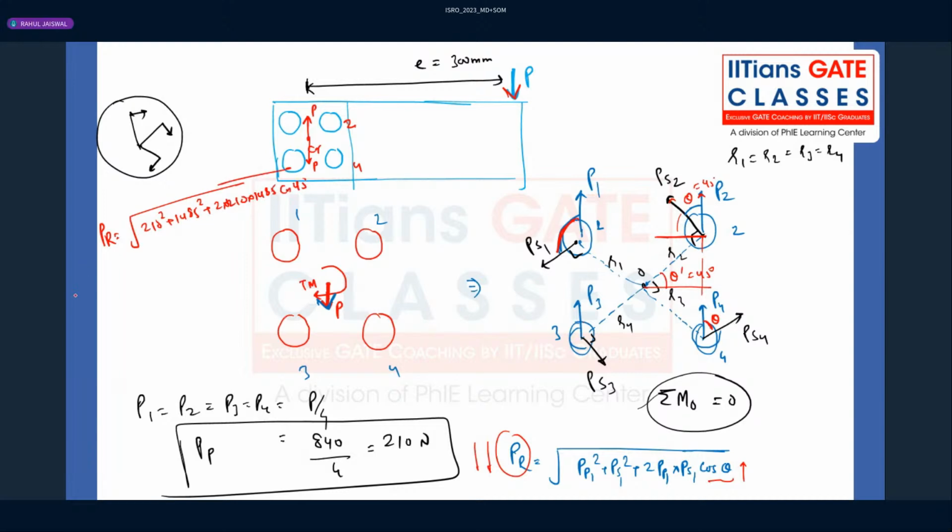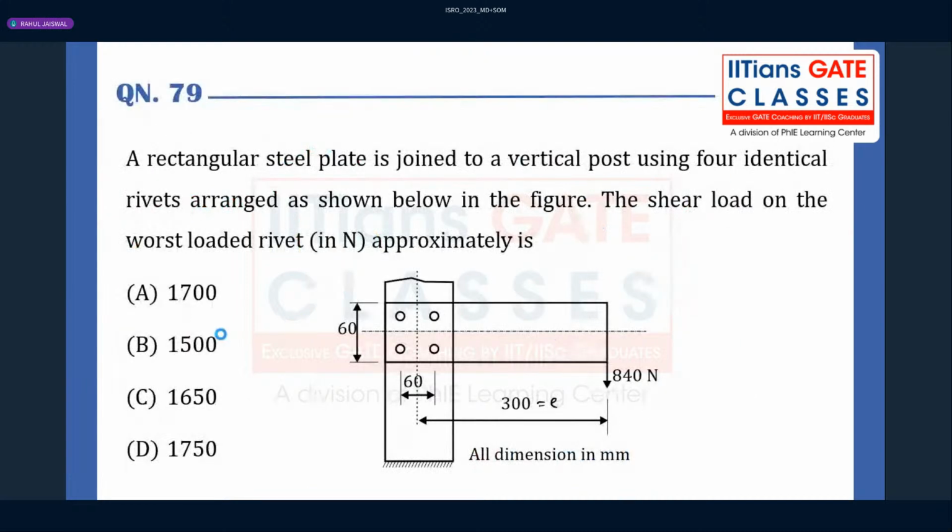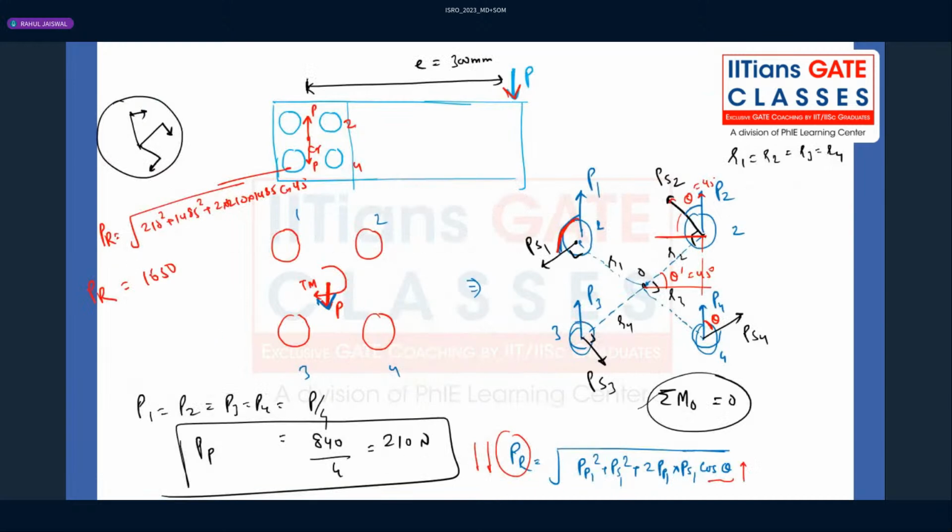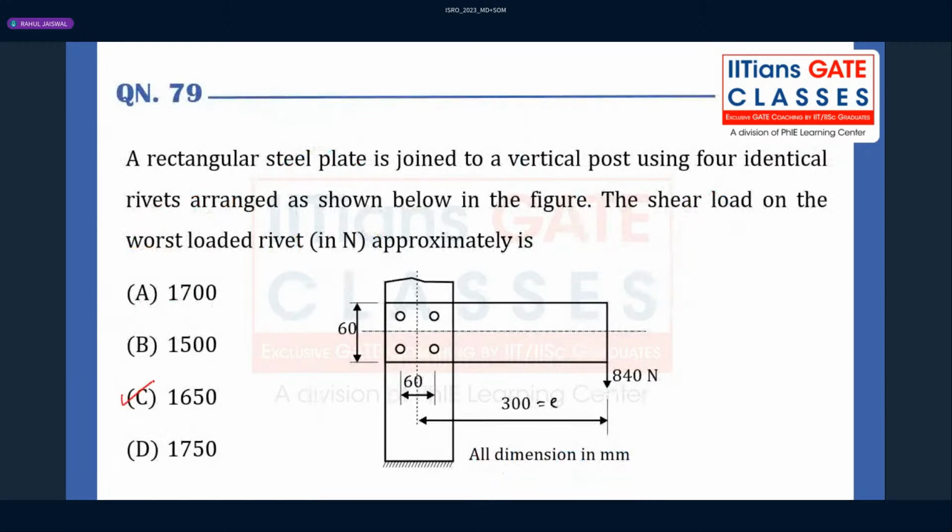Right. So when you calculate the resultant load, you will be getting 1640, approximately 1650 Newton. So what should be the right answer? No, just wait.